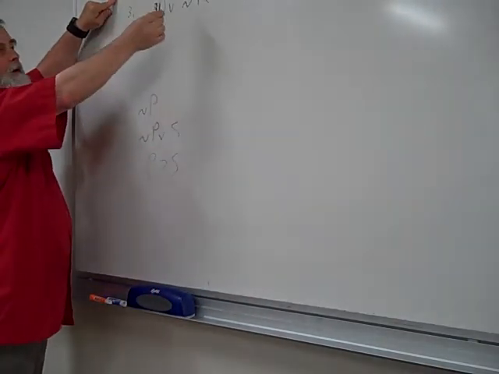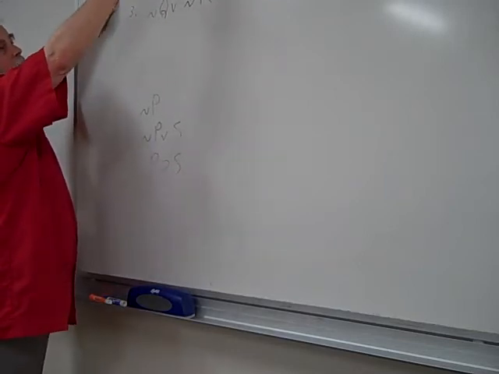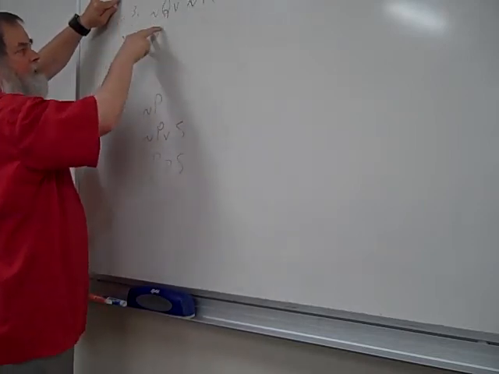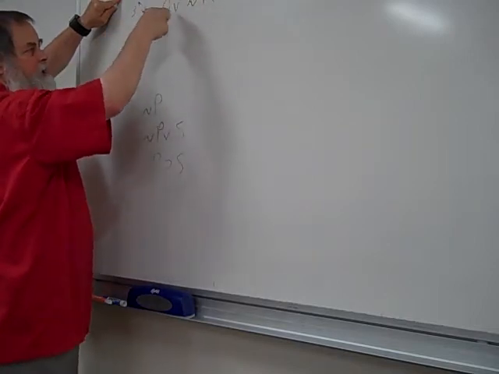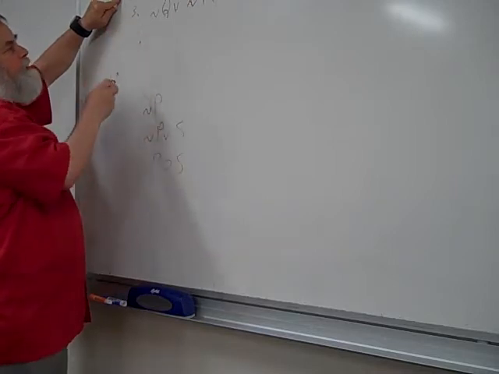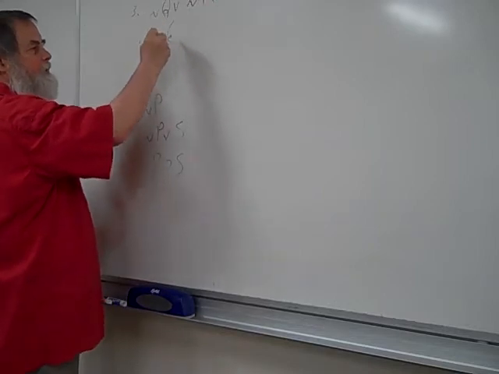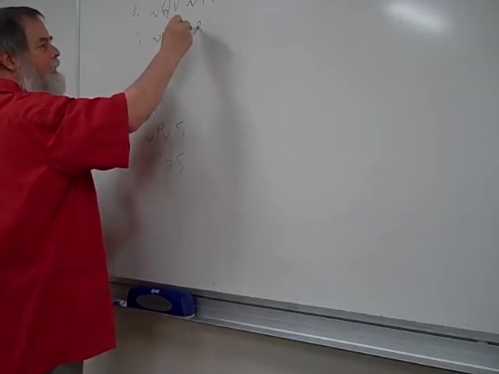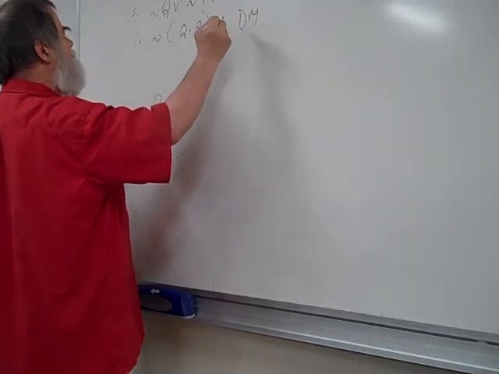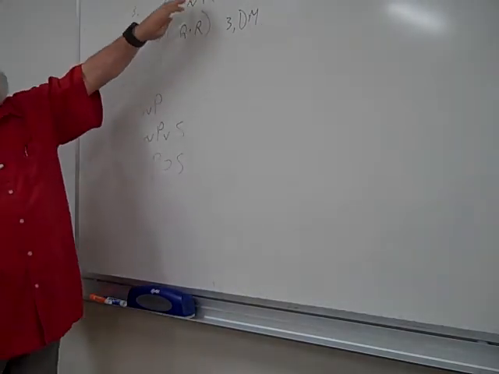So if P then Q, but either not the case P or Q, so leave this the same, but this gets a negation sign, and this changes to a disjunct. So now that I have this, that becomes not the case Q and R through De Morgan's on 3. So there's my not the case Q and R.